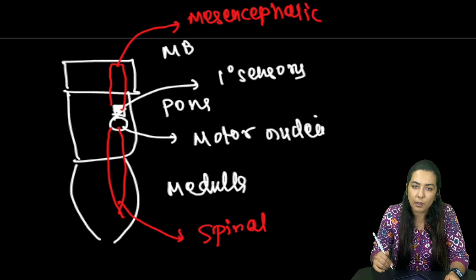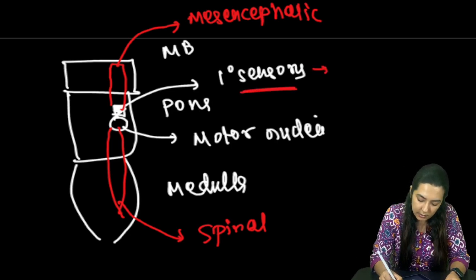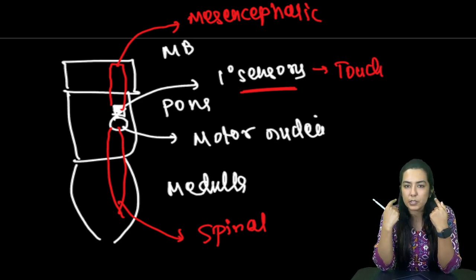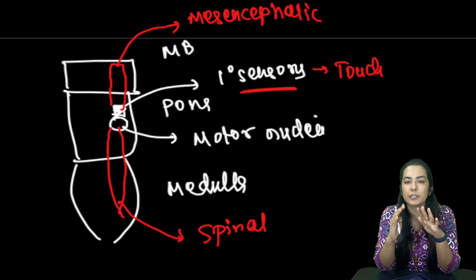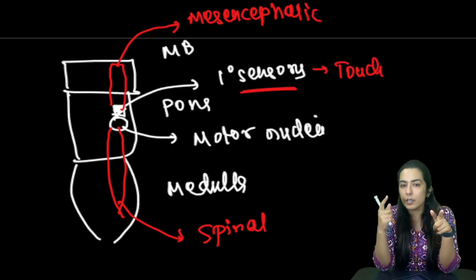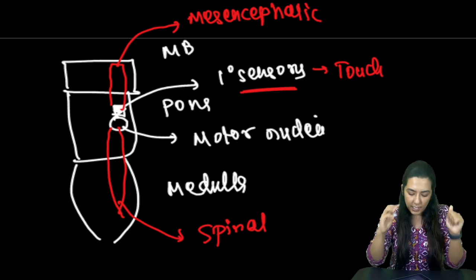Now, the function of the subnuclei is important. The primary sensory nucleus, as the name suggests, is responsible for touch sensation. First of all, remember the trigeminal nerve is responsible for everything on the face except the facial expression muscles, orbicularis oculi, and the frontalis muscle. These are supplied by the facial nerve. All other muscles and all the sensory supply is by the trigeminal nerve.